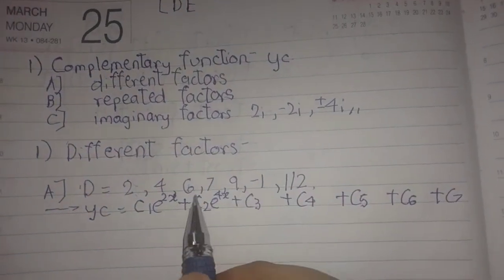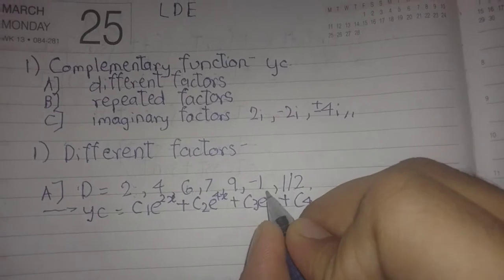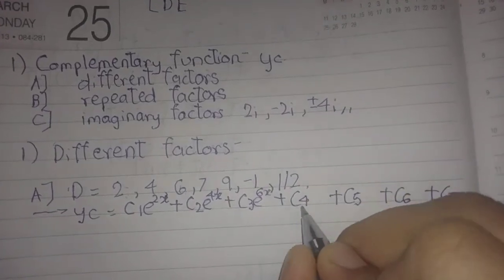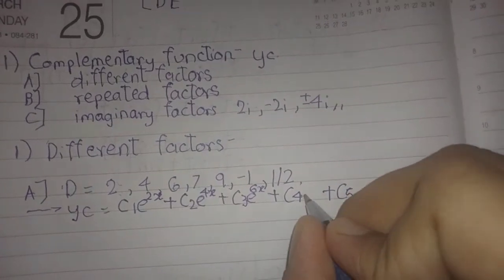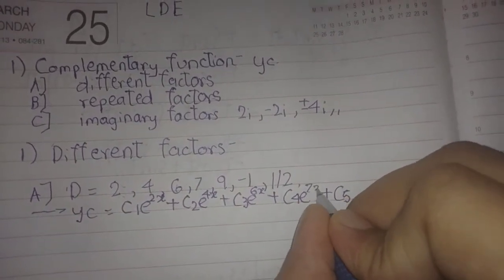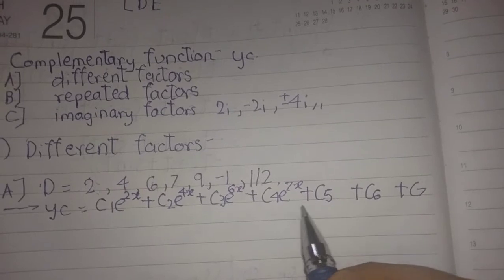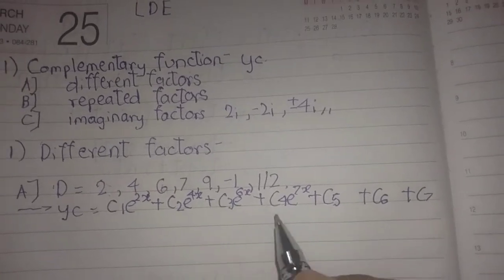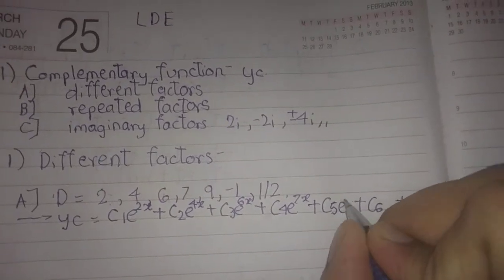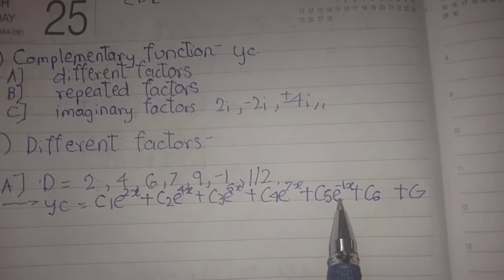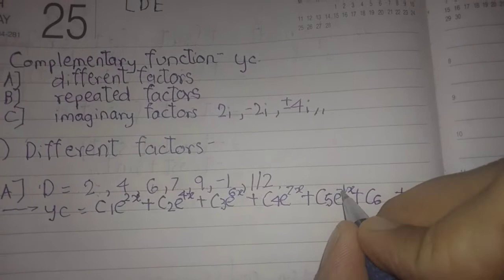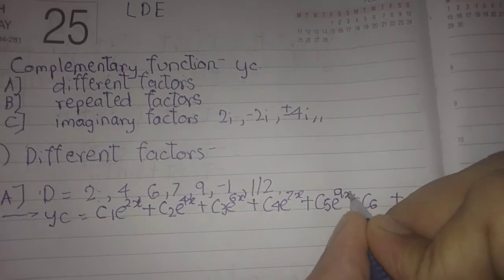Likewise C3 indicates 6, so e raised to 6x, plus C4 indicates 7, so e raised to 7x. C5, I think you have guessed it, it is 9, e raised to 9x.